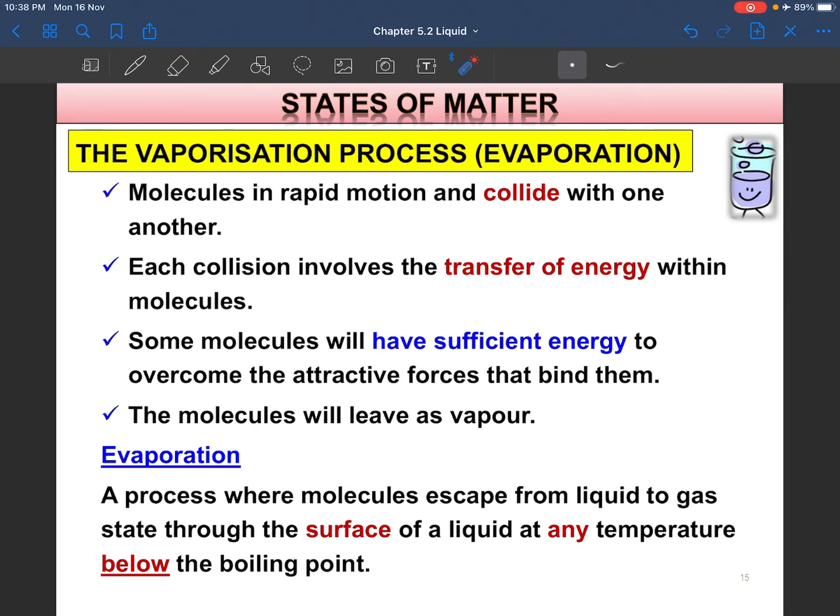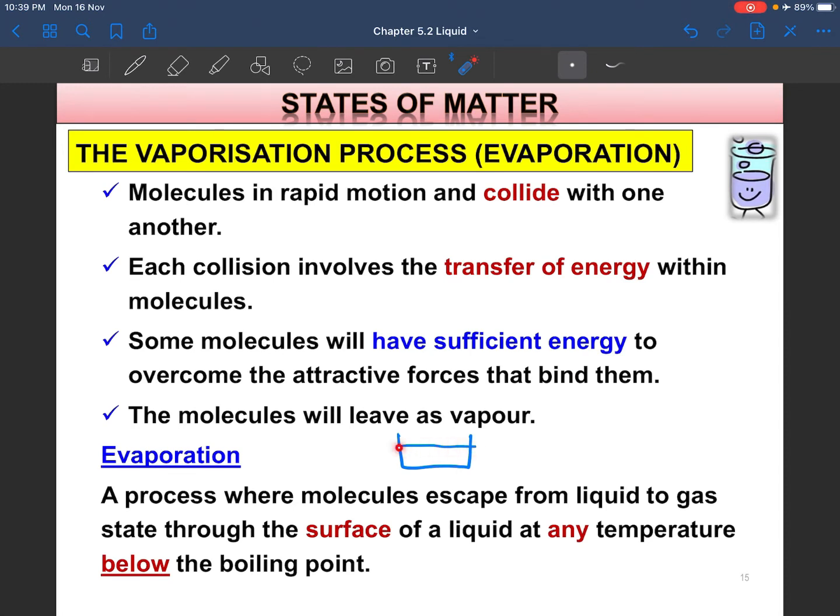Evaporation dengan boiling point dua benda berbeza sebab evaporation ni sentiasa berlaku. Evaporation sentiasa berlaku dan tempat berlakunya evaporation tu, contoh kamu ada satu air dalam besen. Okay, and evaporation tu berlaku dekat mana? Evaporation tu berlaku dekat surface water dekat atas ni.